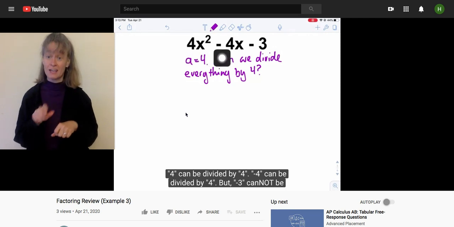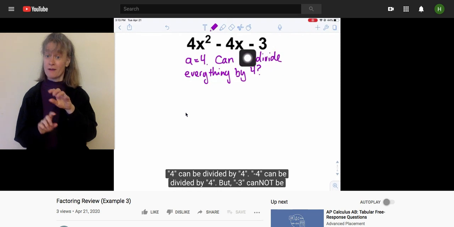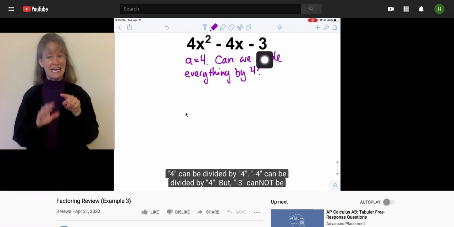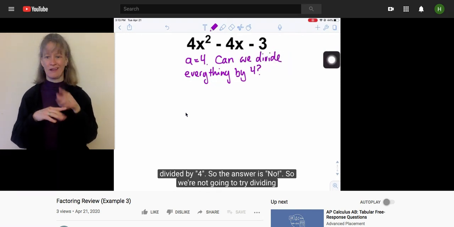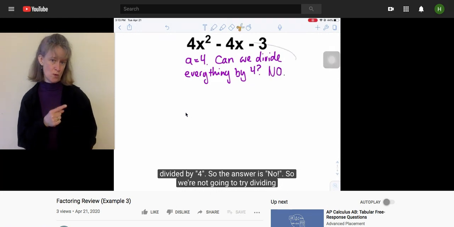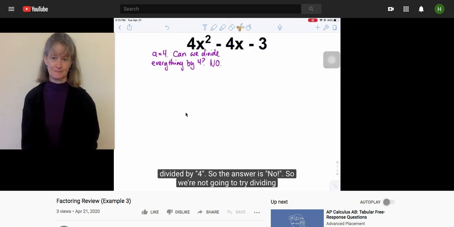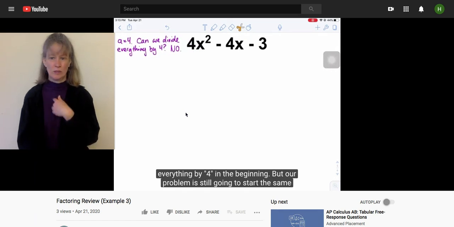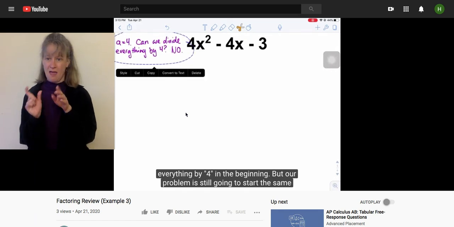Negative 4 can be divided by 4. But negative 3 cannot be divided by 4. So the answer is no. So we're not going to try dividing everything by 4 in the beginning.